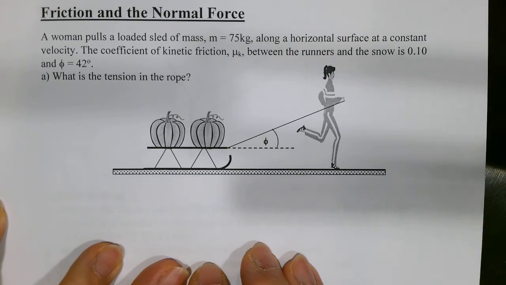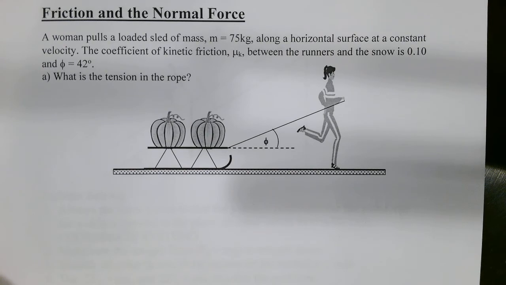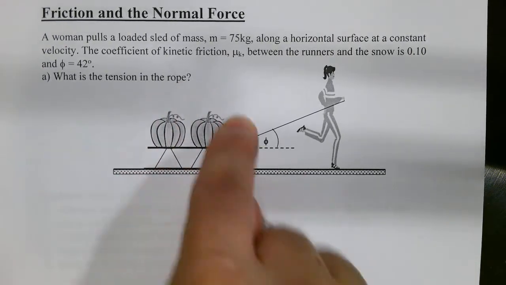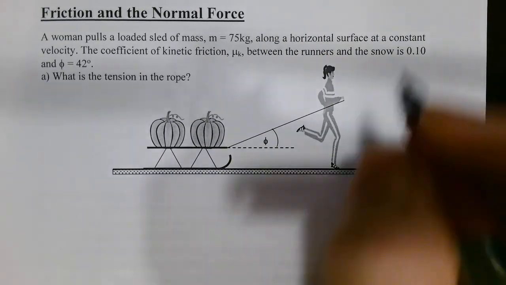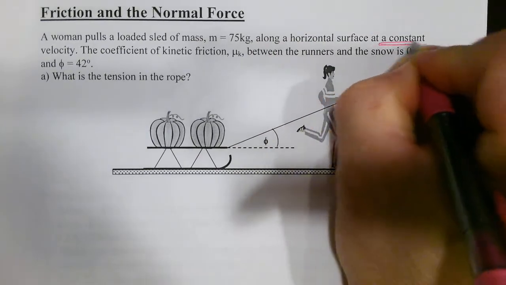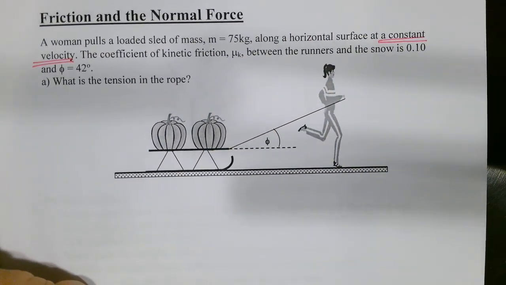So there's lots going on here, right? A woman pulls a loaded sled. So this whole mass here happens to be 75 kilograms along a horizontal surface. And here's the key word right here: at a constant velocity in the horizontal direction.